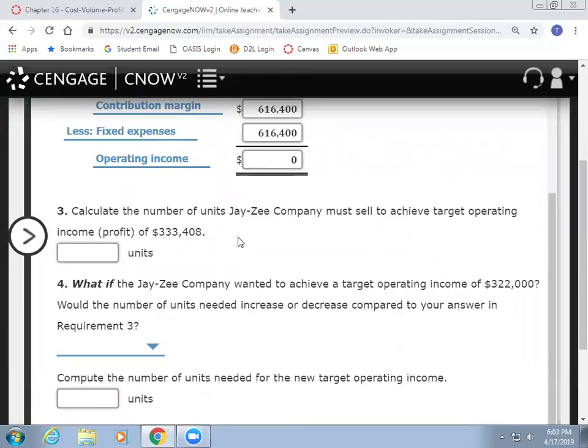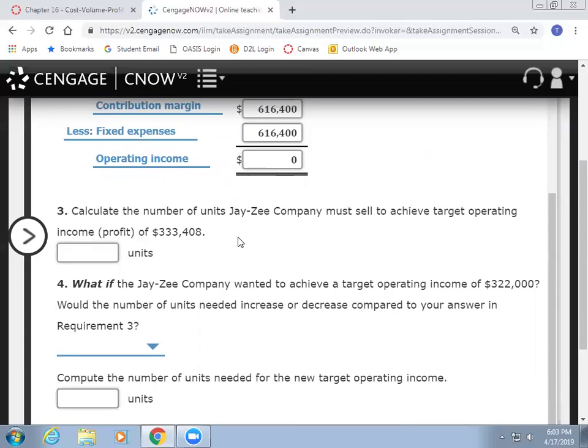On number 3, calculate the number of units Jay-Z Company must sell to achieve target operating profit of $333,408. Well, to do that, you're just going to take your fixed expenses, the 616,400, plus that target income. So add those two together, and then divide by the 184 contribution margin.